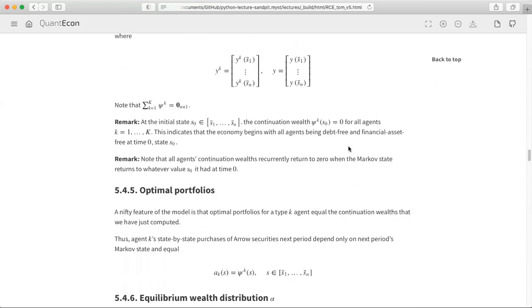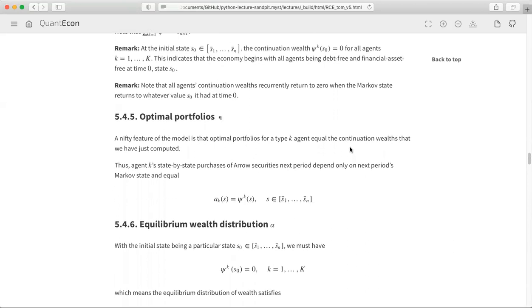And now you've computed optimal portfolios. Once you've computed the alphas, you know the Cs. So now you know everything in sight. That's an algorithm. So think about that a little bit, because we're going to implement that in some code. That's what we're going to do next.